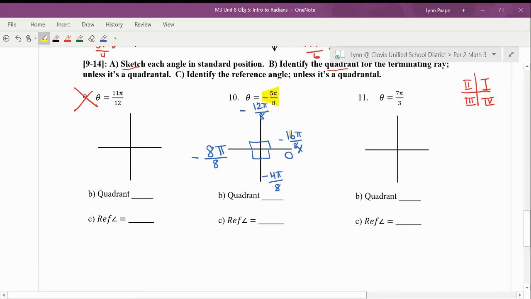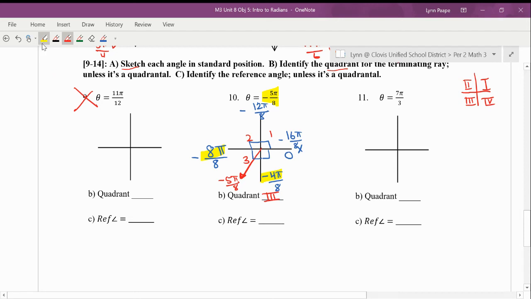What is 5 pi over 8 in between? It's in between 4 pi and 8 pi. So that means I'm going to draw negative 5 pi over 8 down here. And that's in quadrant 1, 2, 3. So that would be in quadrant 3.